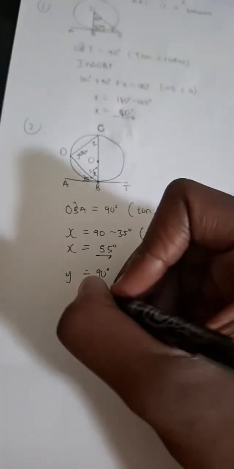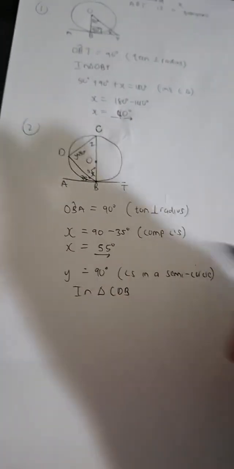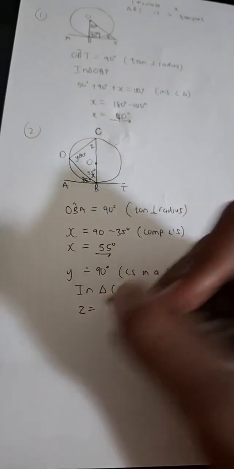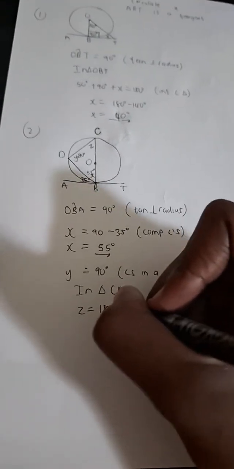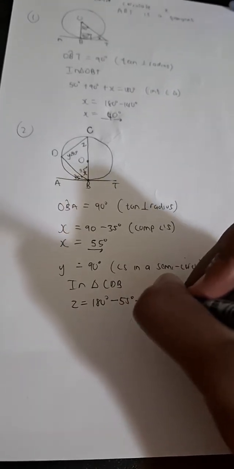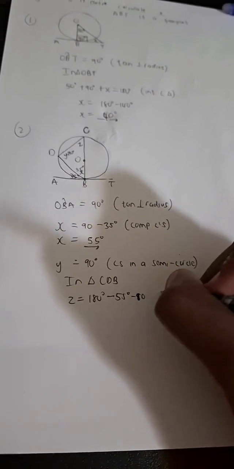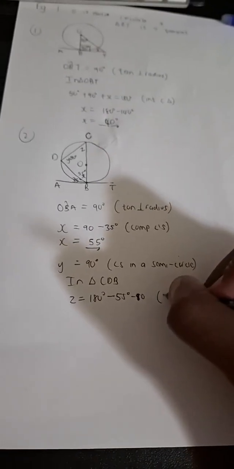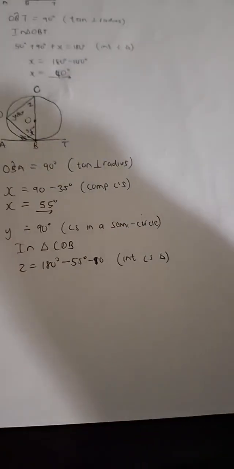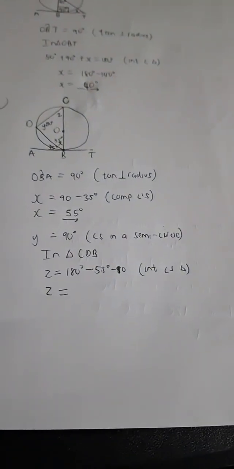Then in triangle CDB, what do we know? We have Z is equal to 180 minus 55 degrees minus 90 degrees. Reason: sum of angles in a triangle, or you can say interior angles of a triangle. Doesn't matter. Sum of angles in a triangle is also fine. It's an acceptable reason.